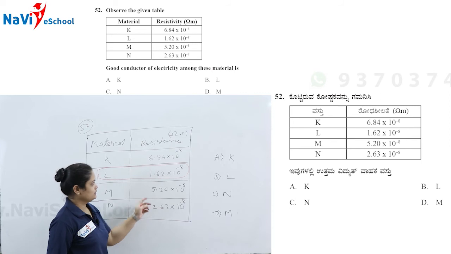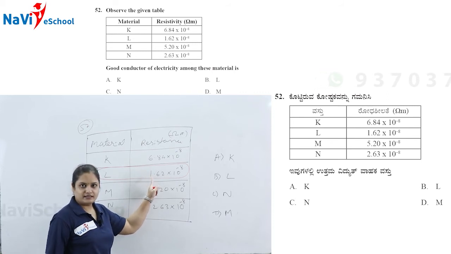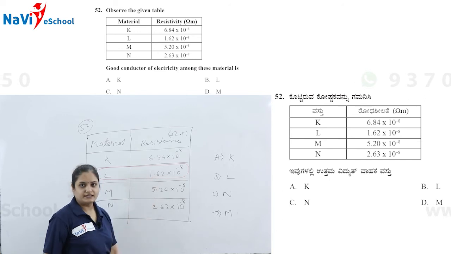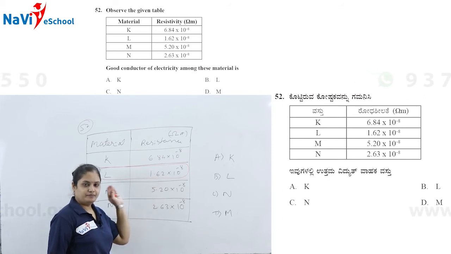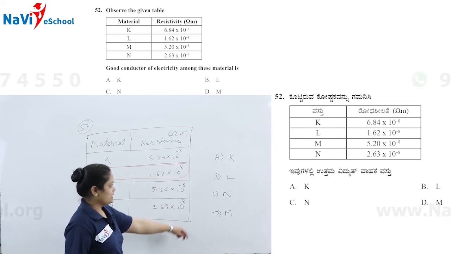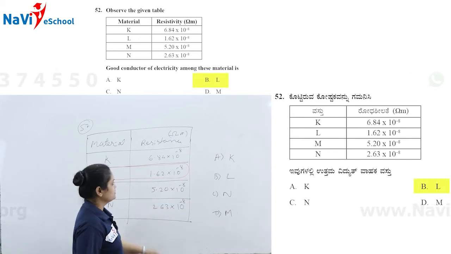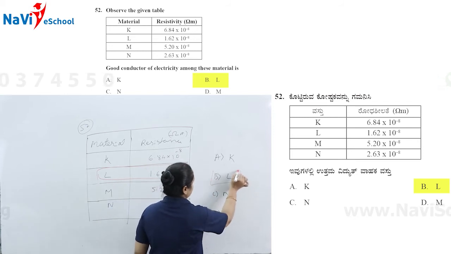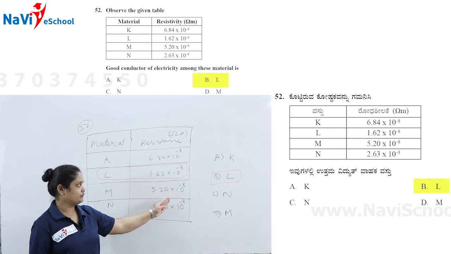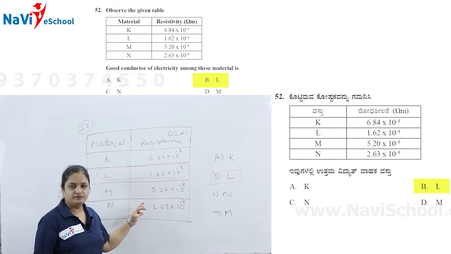Compared to all these, this value is less, isn't it? That's why this material is a good conductor of electricity, and option B is our answer. Got it, children? On which basis have we come to know?